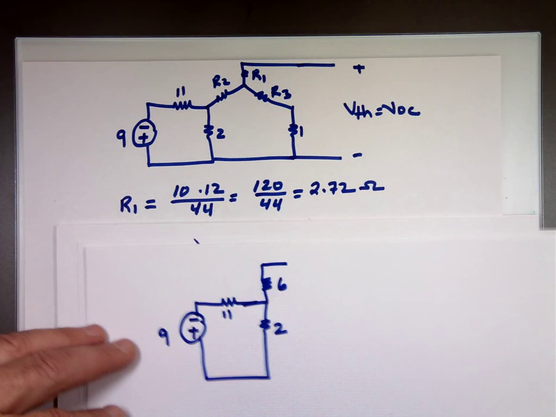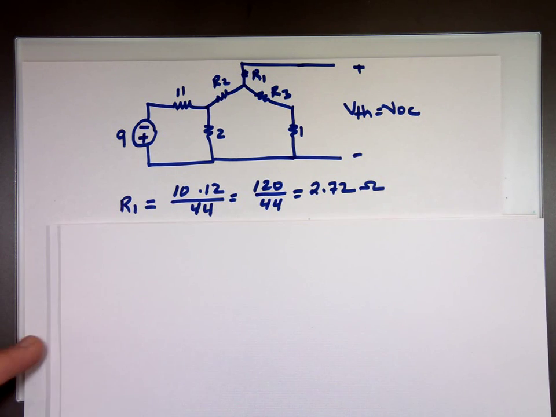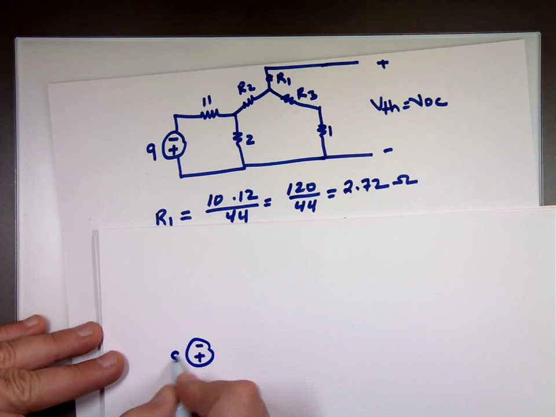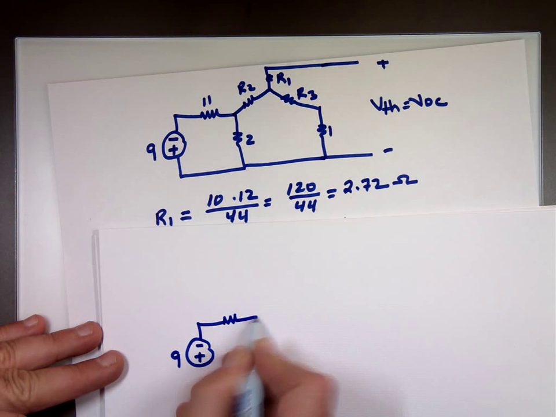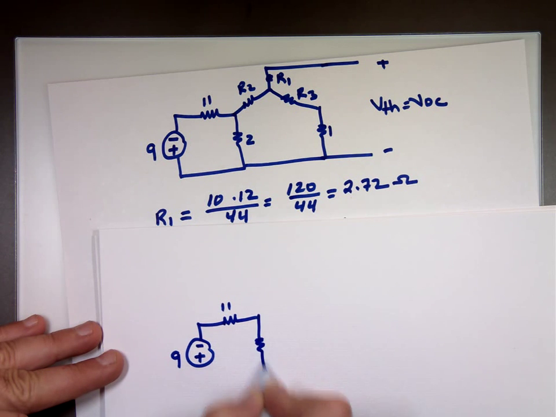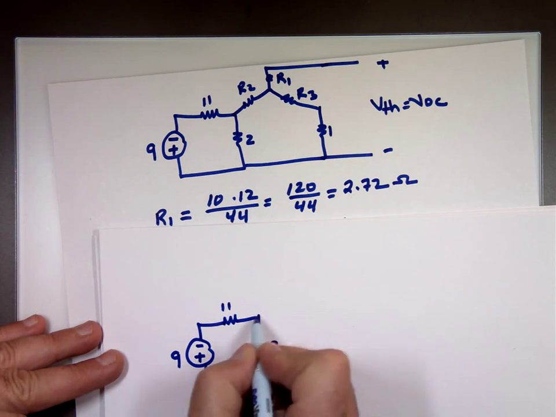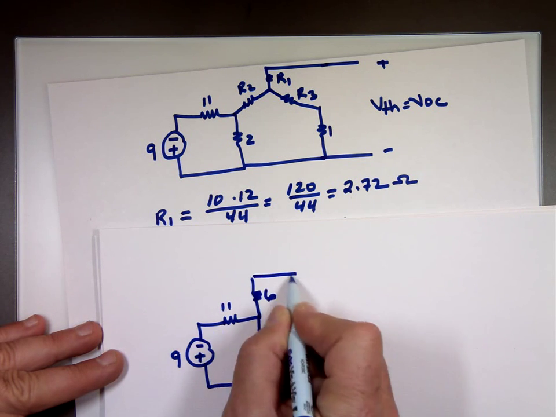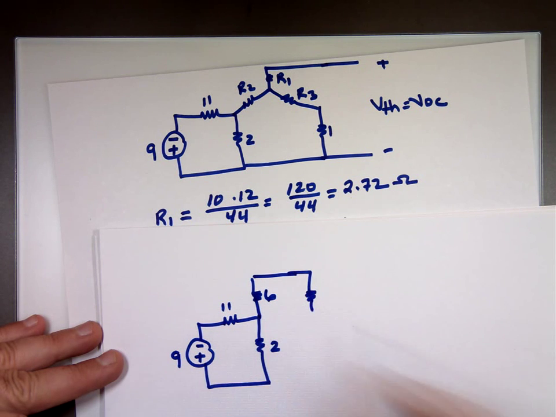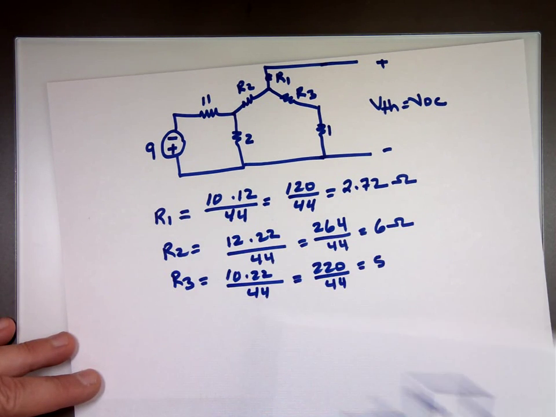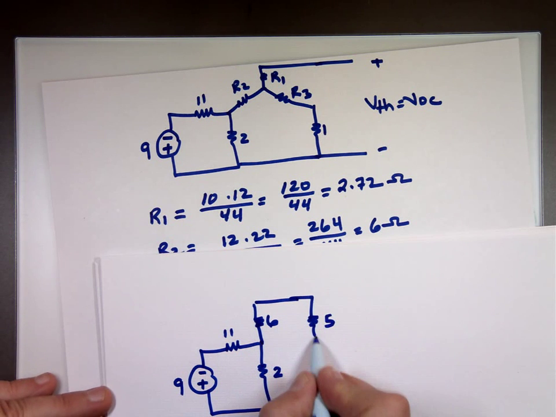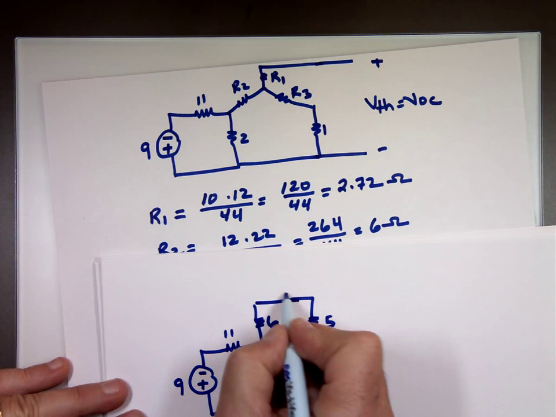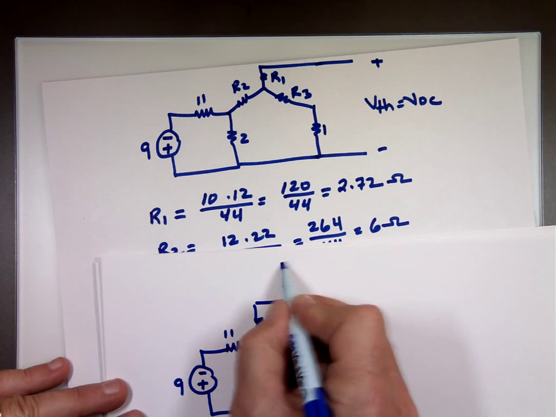Okay. Let me redo it with some room. This is 6. What was R sub 3? R sub 3 is 5. There's the 1. And there's R sub 1, which is I think 2.72, right?